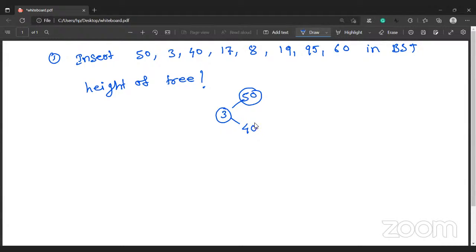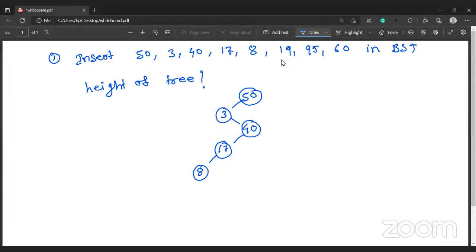Then 17 is less than 50, greater than 3, but less than 40, so this will be 17. Then 8: less than 50, greater than 3, less than 40, less than 17. So it will be like this.